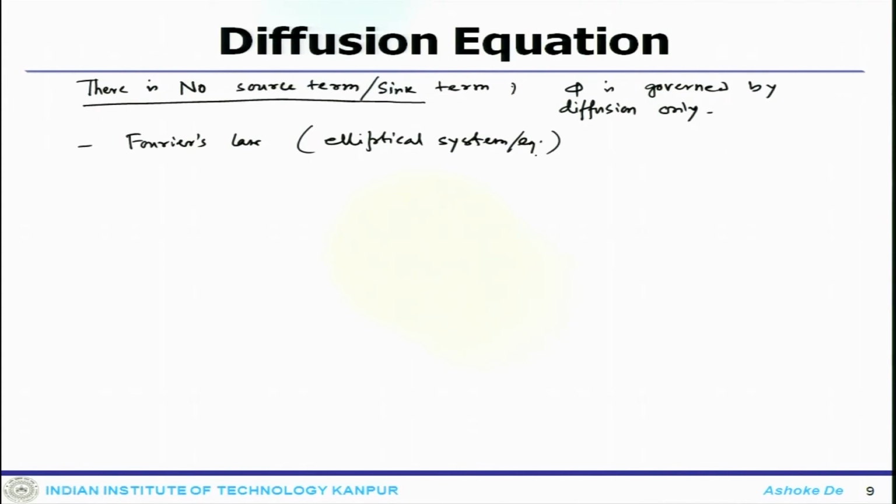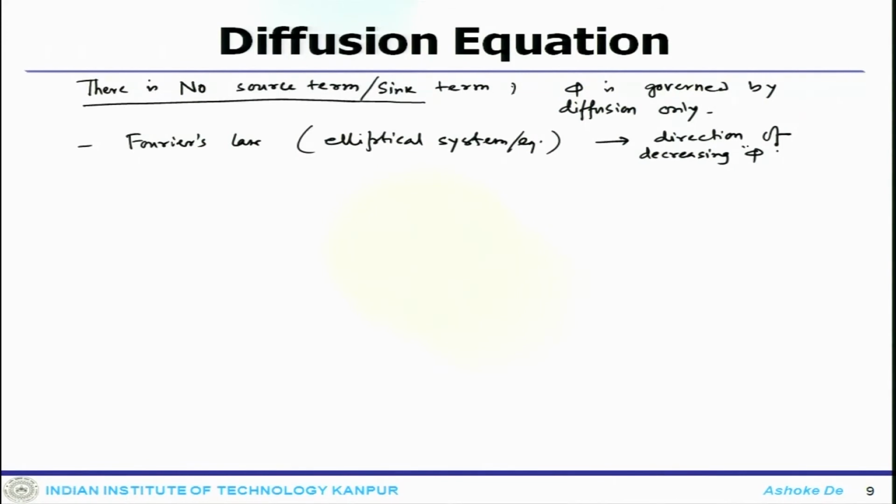So, the diffusion system is governed by the Fourier's law in the direction of decreasing phi. The point here is that there is no source term in the system.